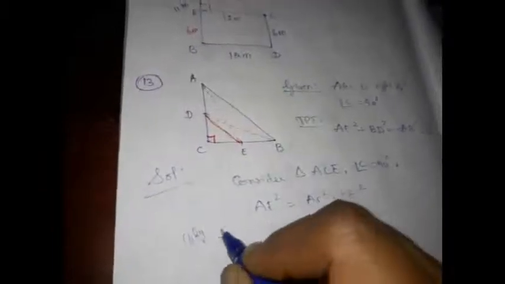Similarly, where is our BD? BD is here. Therefore, let us consider this triangle because here only we have 90 degree. Similarly, in triangle BCD, BD square will be equal to CD square plus BC square.